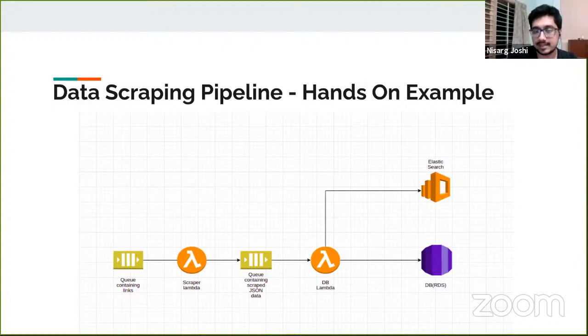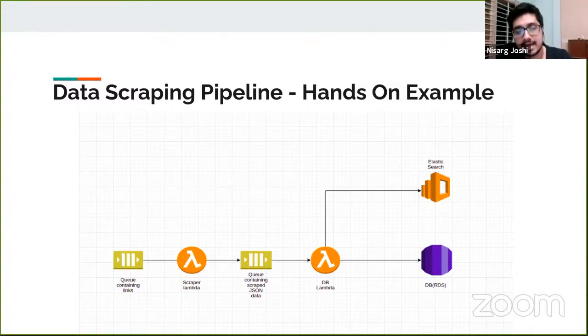So yeah, the example that we are showing here is a data scraping pipeline where we are going to do these things on AWS Cloud. And this diagram that you see here is basically the symbols for AWS services. I'll try to describe these services one by one, but just bear with me for a little while.